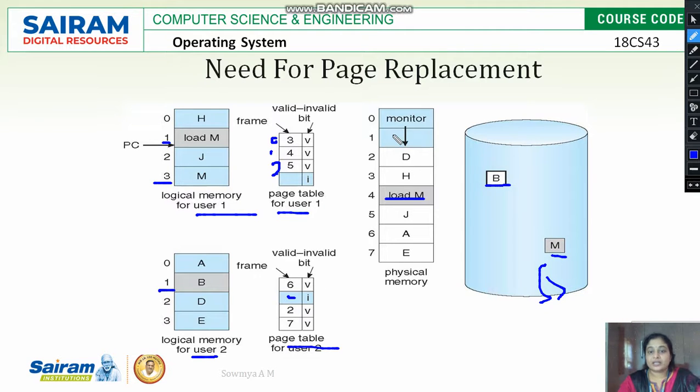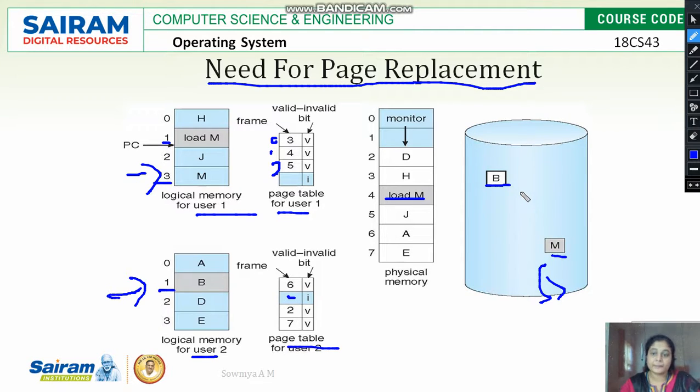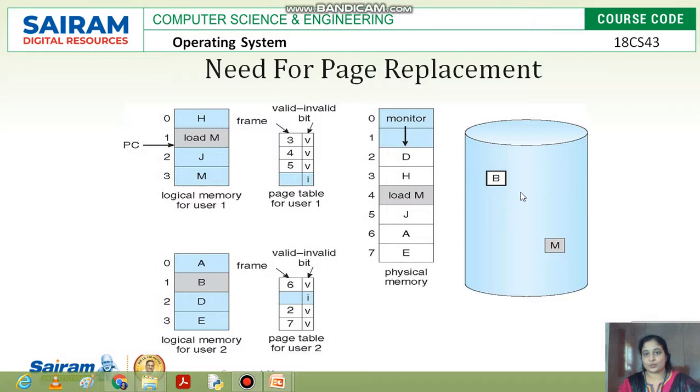The physical memory has no free space, but the CPU needs page M or page B, which are not in main memory but in the secondary storage device. This is the need of page replacement.